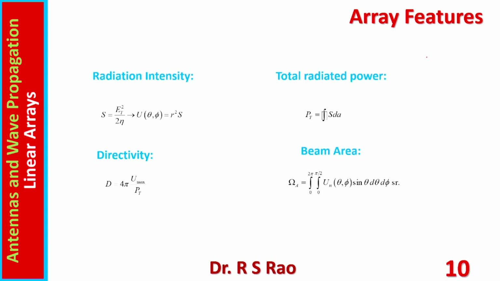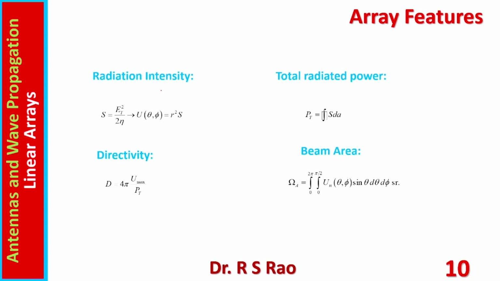Hence it is associated with directivity, beam area, total radiated power, radiation intensity, and field intensity. All the quantities with which a single ordinary antenna is associated also get associated with arrays.